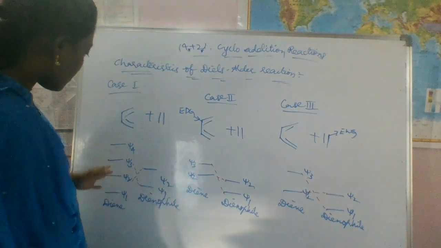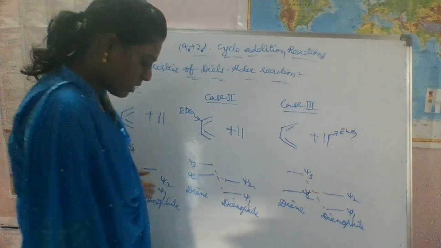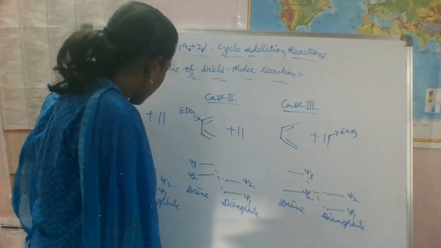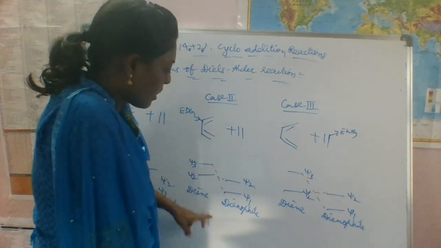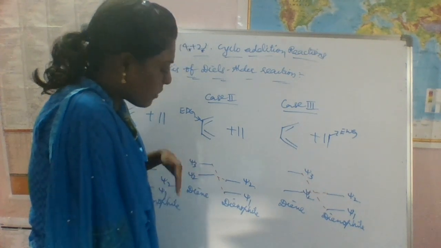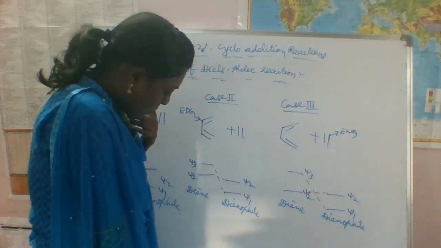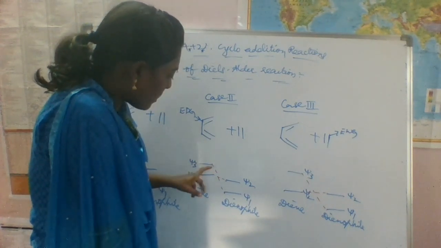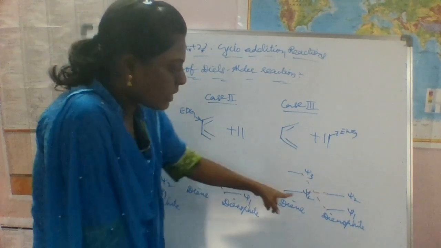Here there is a normal rate of reaction because there is no much energy gap reduction. But if you see here, there is an increase in the rate of reaction, because the diene and dienophile levels are very close to each other.